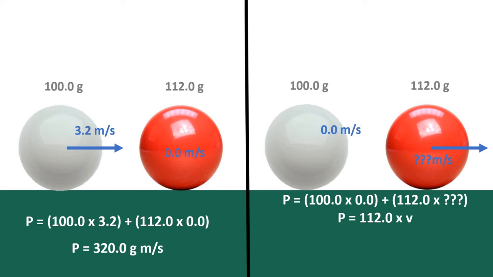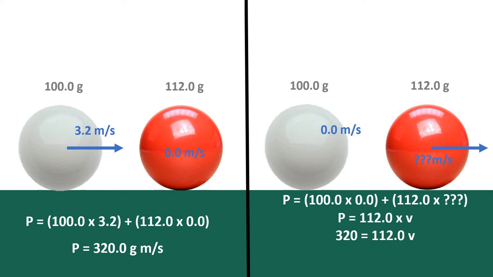So this p value becomes 320. Oh, that should be 320.0 there. I've made a mistake. I do apologise. That's poor form on my part. So 320 grams meters per second, which is equal to the mass of the red ball multiplied by its velocity.